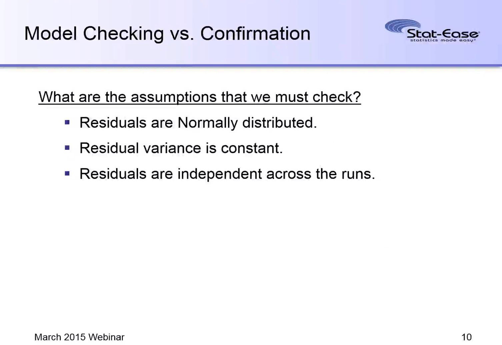The tool I use to analyze this data requires that throughout the entire design space, my model can measure with approximately equal precision. And finally, the analysis of variance assumes that the residuals are independent across the runs. So I don't want to see any drifts. I don't want there to be a case where, for example, the residual at run 5 gives me information about the residual at run 2, and so on.